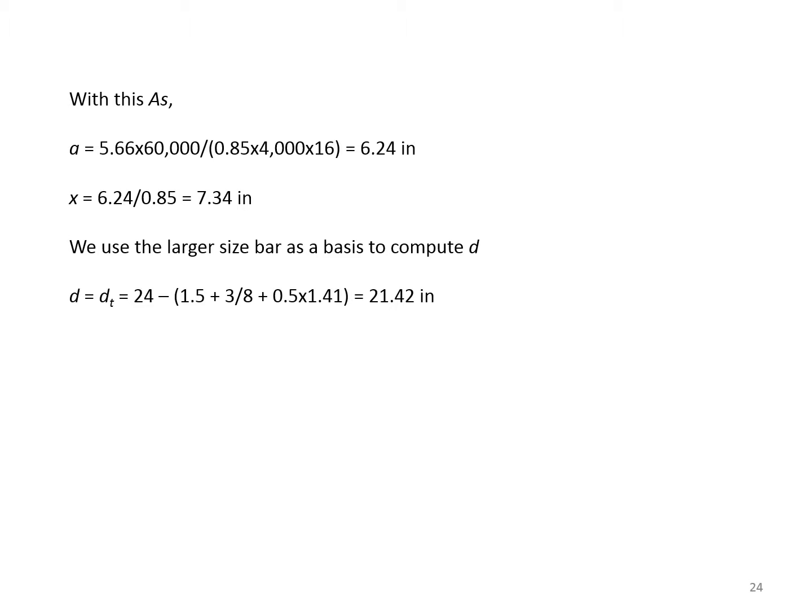So d in this case is same as dt, would be equal to 21.42 inches. Let's compute epsilon t. By knowing x, from the equation given before, we compute epsilon t, which is 0.0058, larger than 0.005. So our phi value of 0.9 stays.